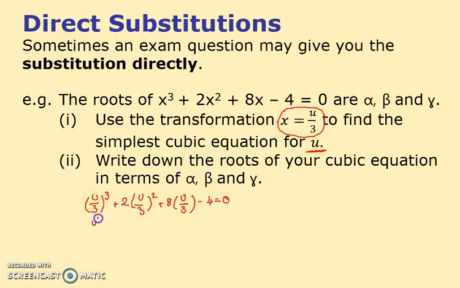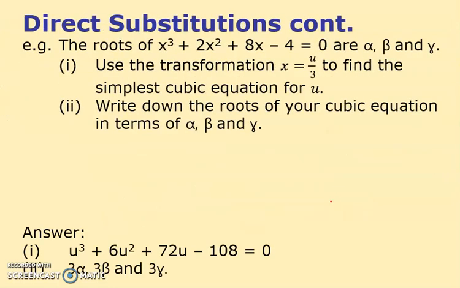Okay, let's multiply that out. u cubed over 27 plus 2u squared over 9, nearly made a bad mistake, plus 8u over 3 minus 4. And I think what I want to do is times everything by the 27. And if I do that, I will get u cubed, 2/9, I reckon 6u squared, 8 over 3 times 2, I reckon plus 72u minus 108 equals 0.